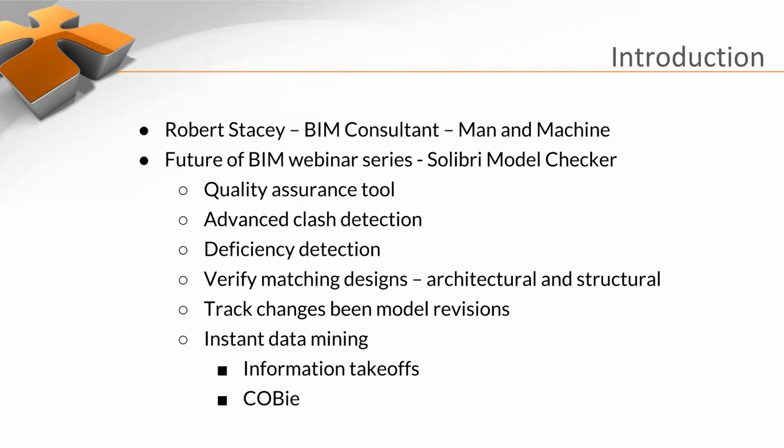We can see, for example, are the architectural columns in the same place as the structural columns. It also allows us to track changes between model revisions, so we can see exactly what's changed between, say, revision 1 and revision 2. And it's also capable of instant data mining, so we can do information takeoffs in Solibri. We can also export straight to Kobe as well.